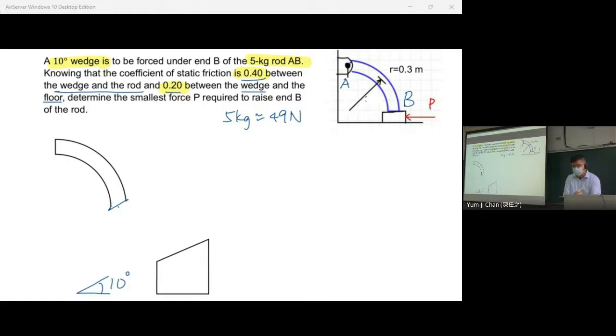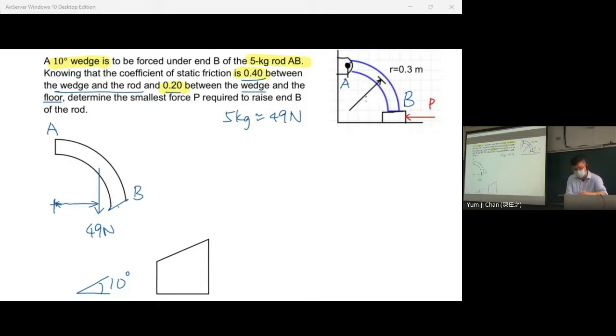So where does the force go? The force goes through the centroid of AB. What is the distance between these two, between the center and the centroid?